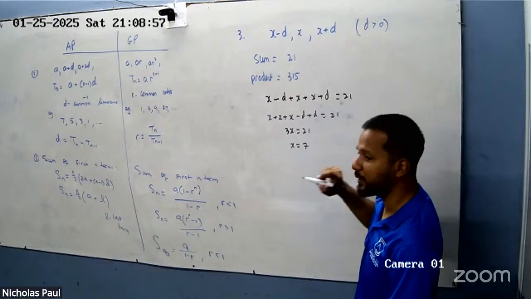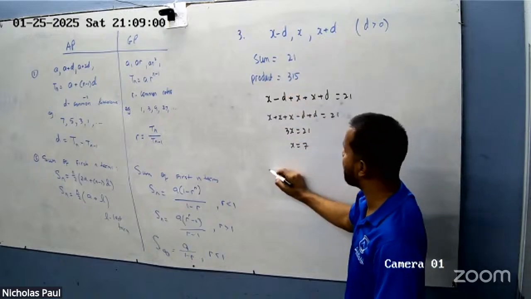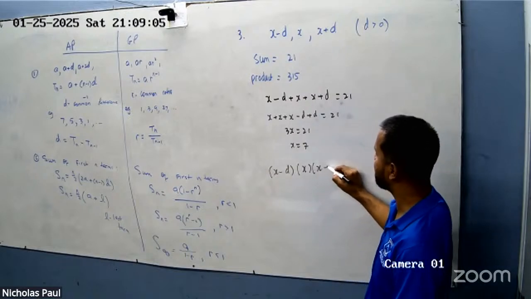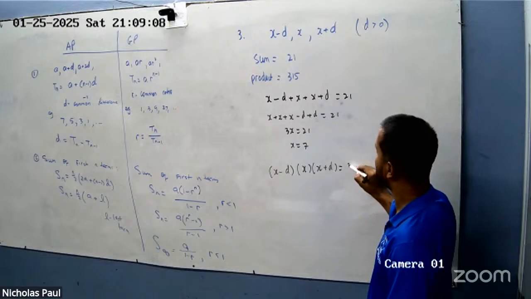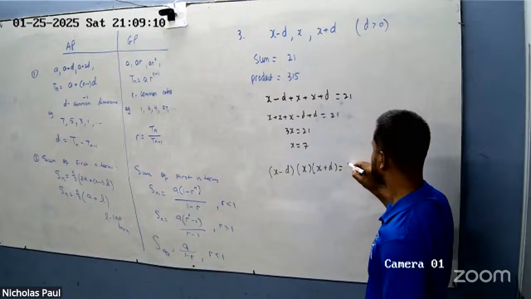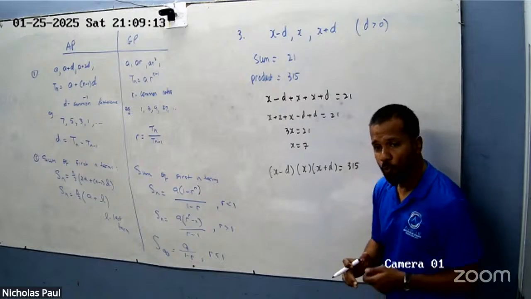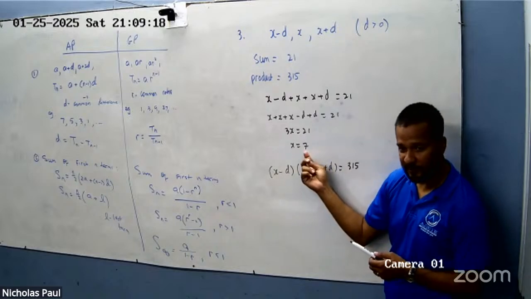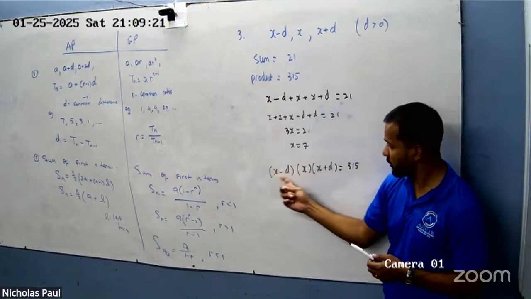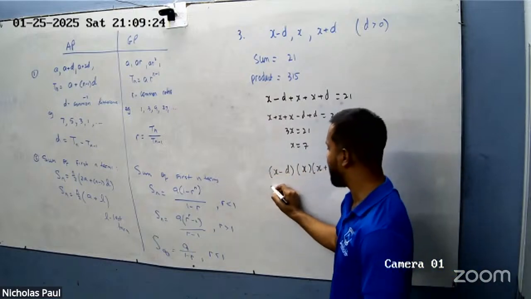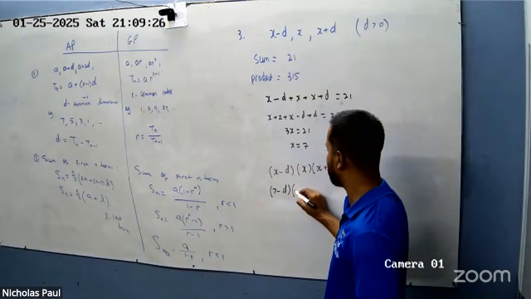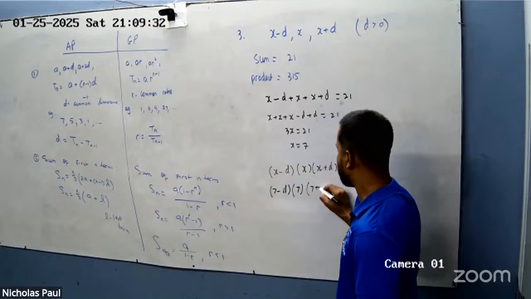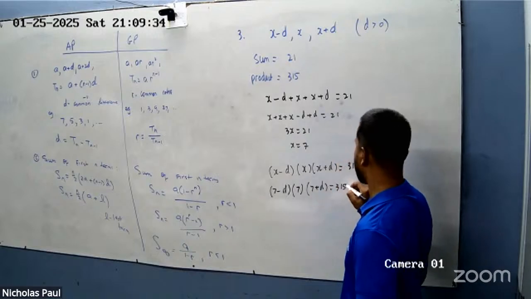And then the product is 315, so x minus d times x times x plus d. Don't work with the x, because we already solved for x. Substitute for x: 7 minus d times 7 plus d is 315.